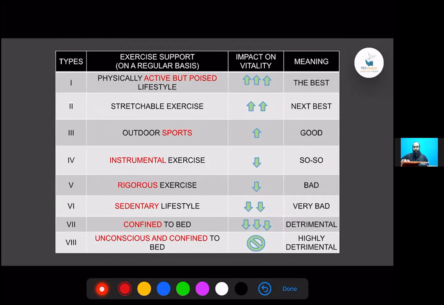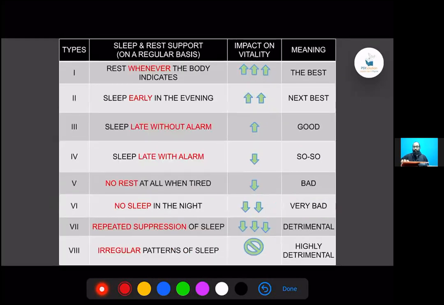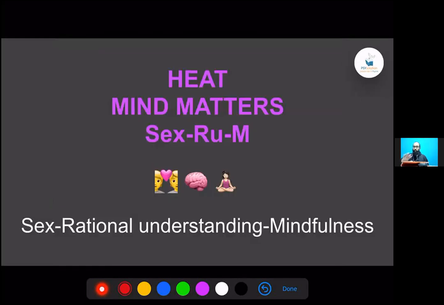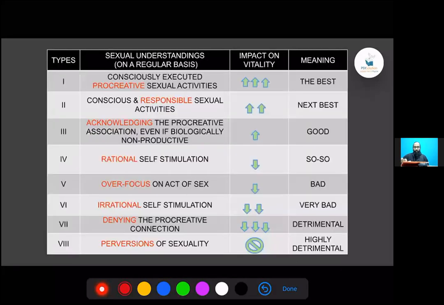So I'll leave these tables for your own going through, and you can raise doubts for the next 1 week. We'll be connected in this particular WhatsApp group itself. We'll try to address all the doubts that you raise out of these materials or anything that comes to your mind, right?